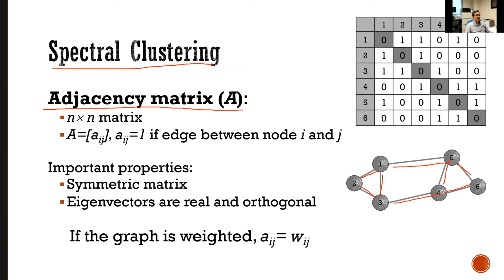This is a square n by n matrix, so if you have 6 nodes, then this will be a 6 by 6 matrix. If two nodes are linked, in our case 1 and 2 are linked, then you put 1 in the 1, 2 position. 2 and 3 are linked, so you put a 1 at the 2, 3 position, 1 and 3 are linked, 1 here, and so on and so forth.